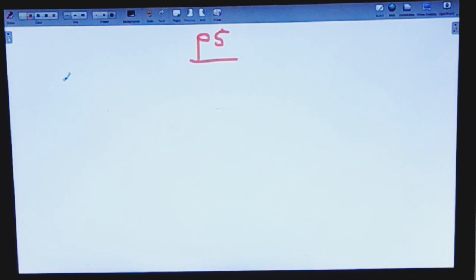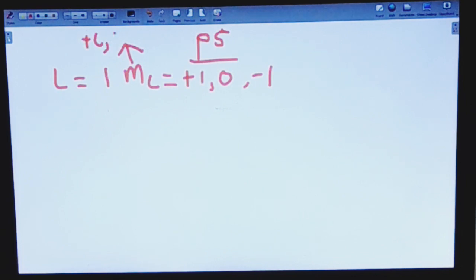So first, we write down the angular orbital quantum number represented by L, which is 1. Then the magnetic quantum number represented by +1, 0, and -1, because the magnetic quantum number begins from +L, 0, and -L.